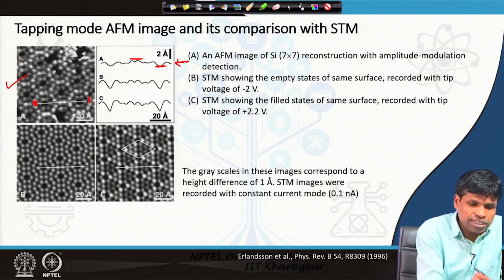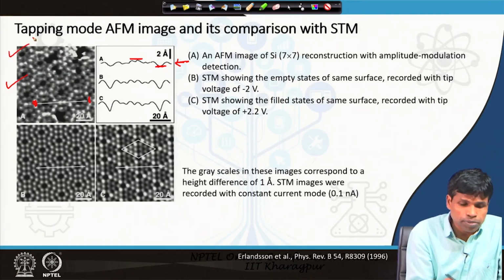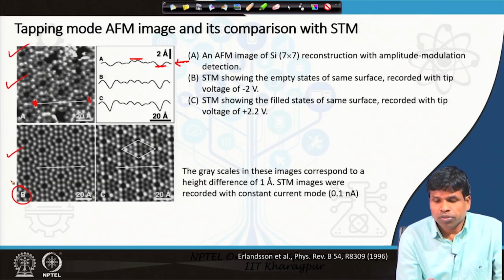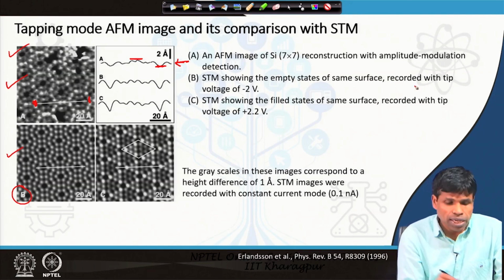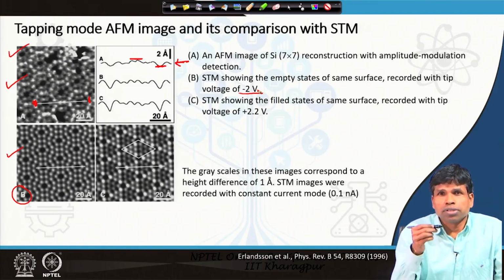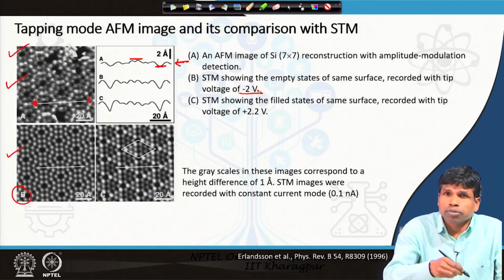And this is the atomic force microscope image, and in comparison, B is our STM image of the same surface recorded by applying a negative bias to the tip. If we apply a negative bias to the tip, minus 2 volt, it will give the empty states of the sample, because electrons will now flow from the filled states of the tip to the empty states of the sample.